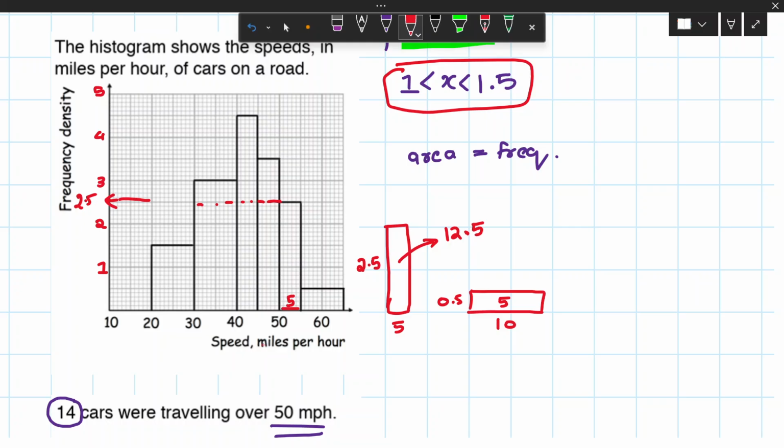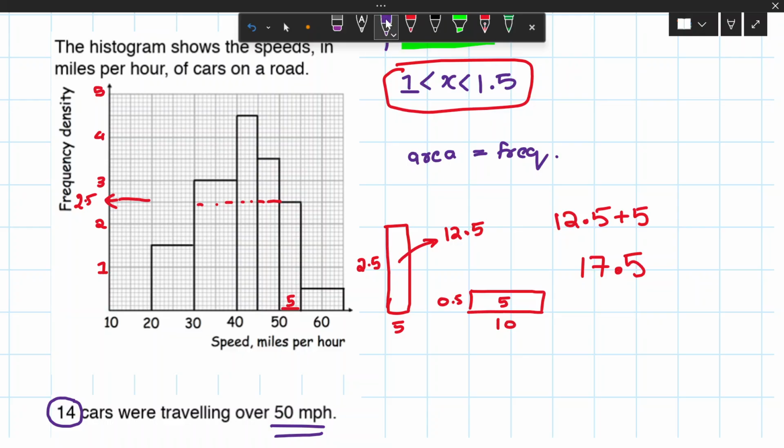So what we have here is, if I add these two areas, 12.5 add 5, that would be 17.5, which is my area.